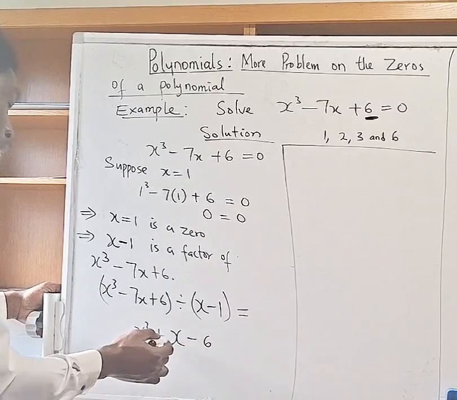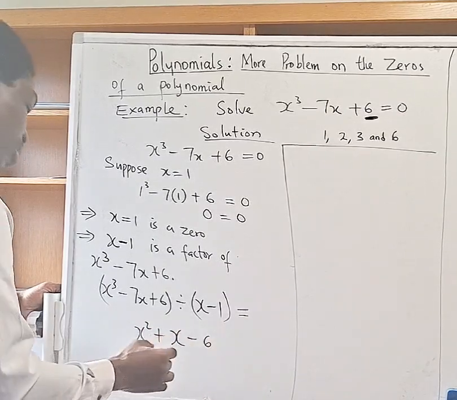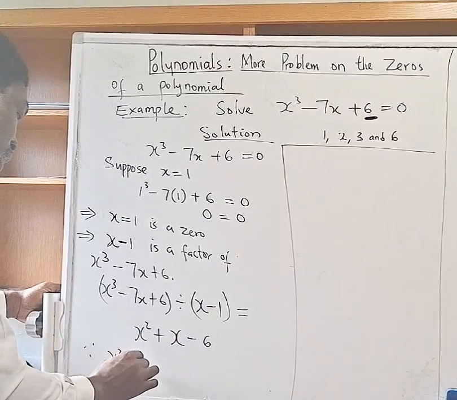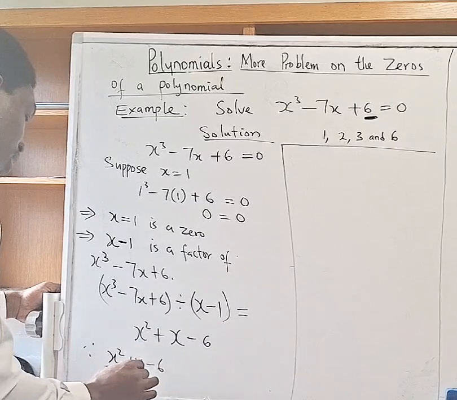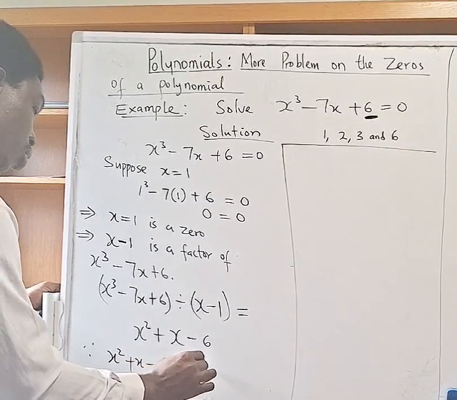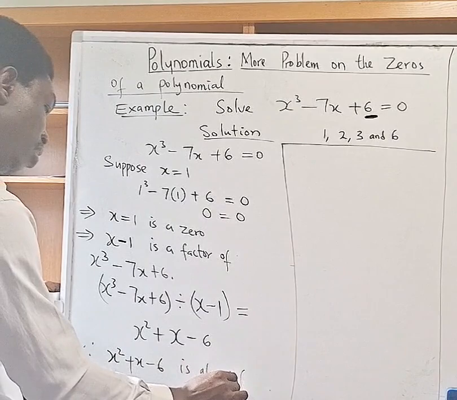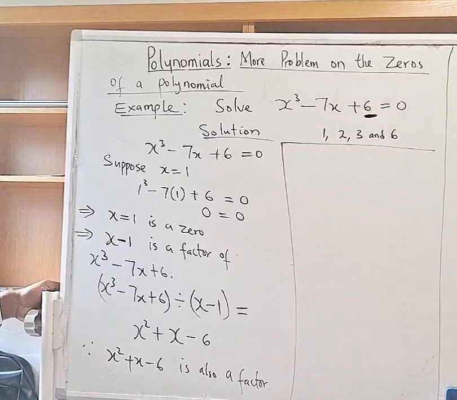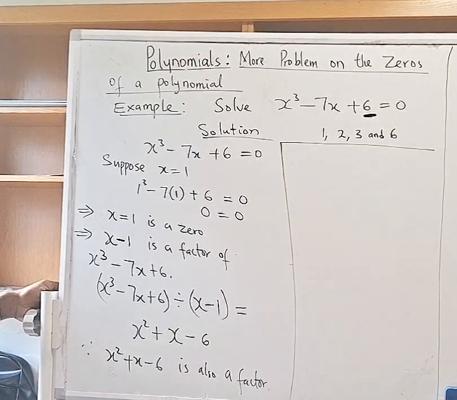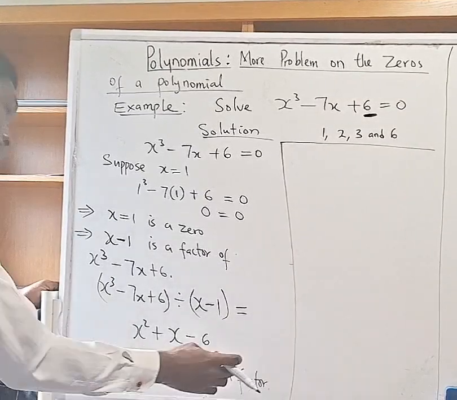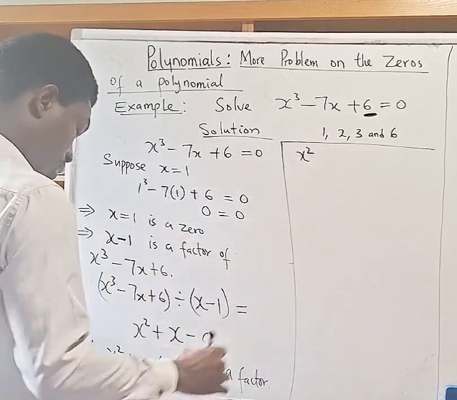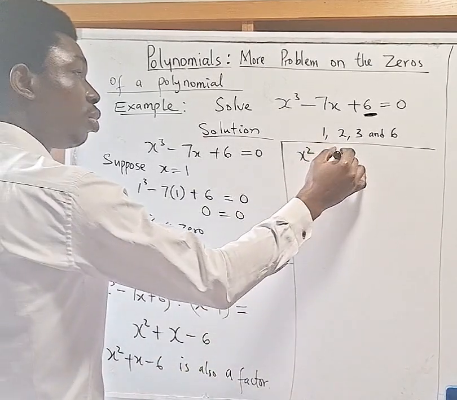And then we can equate this result. We can say therefore x squared plus x minus 6, plus x minus 1 is also a factor. So what we'll do next, we equate this now to 0 to get the other two roots.